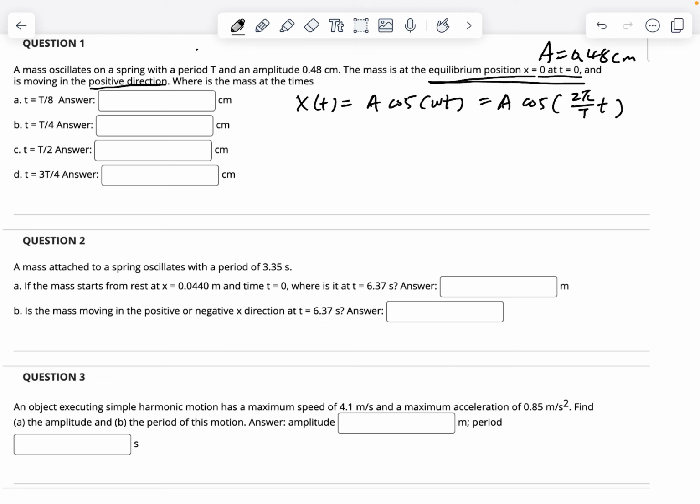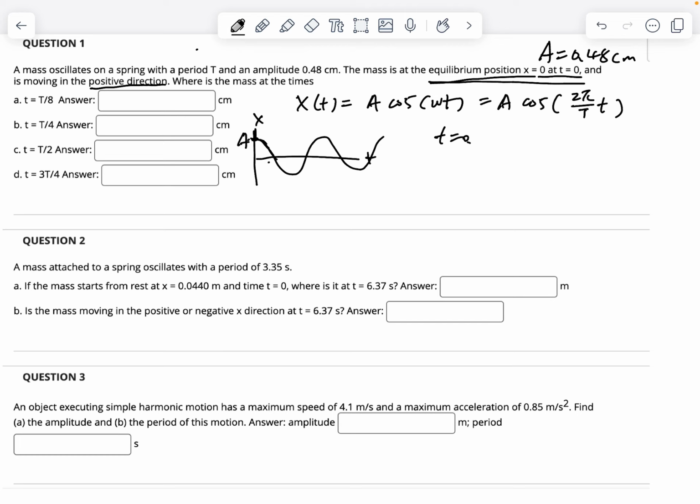So the curve should look like that, x versus t. That is the curve we learned. The point here is this: for this curve, when t equals 0, the position is actually at the amplitude. Then the object will move, the displacement decreases to 0, so it moves in the negative direction.